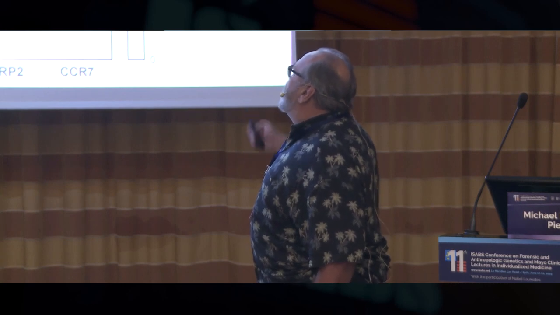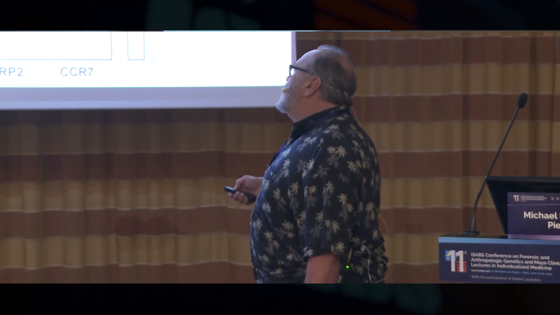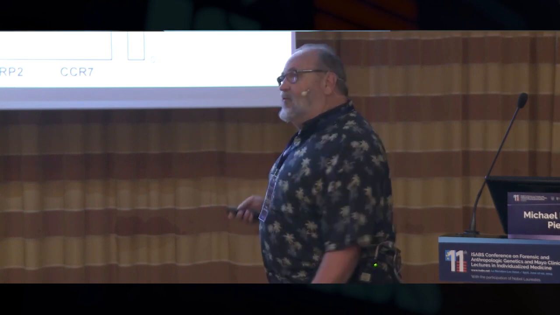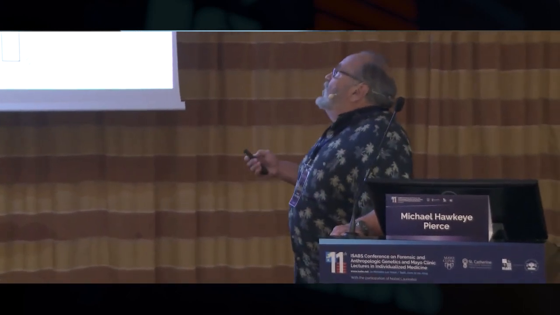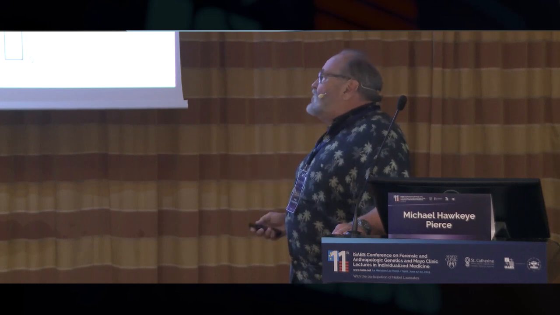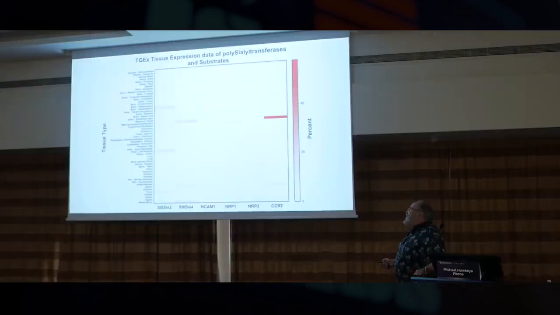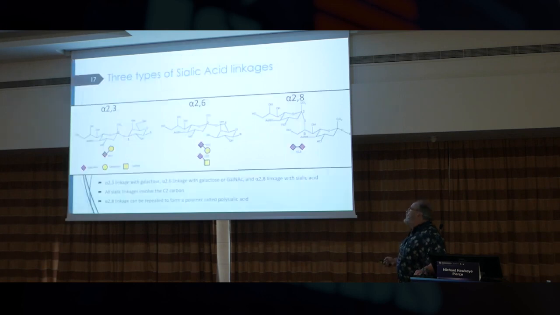You can't really see this well, but there's expression of these in many, many other tissues and cell types than we would normally think about. So, in conclusion, looking at polysialic acid by pulling out specific glycoproteins using that antibody is giving us a way to focus in on the proteins that are expressing the polysialic acid and what their structures are. So the polysialome, if you will.